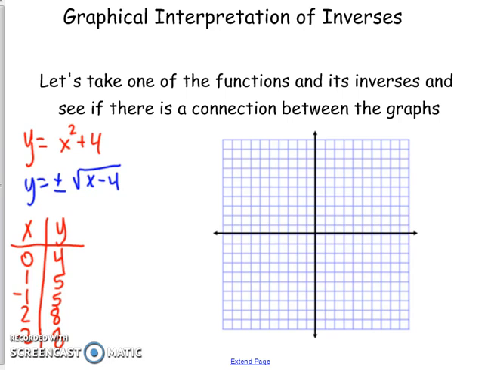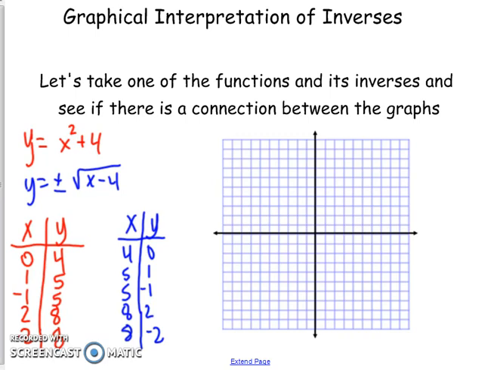So here, none of the x's are repeating. If I flip my points to get my inverse, I have 4, 0, I have 5, 1, I have 5, negative 1, I have 8, 2, and 8, negative 2. So right there, the x's are repeating. So we know that that's not going to be a function.